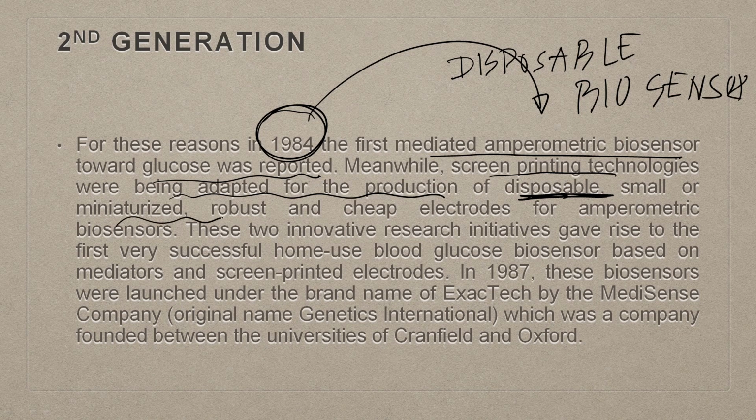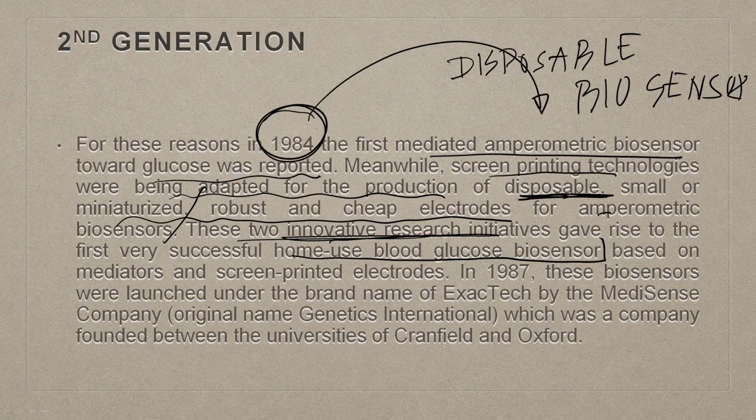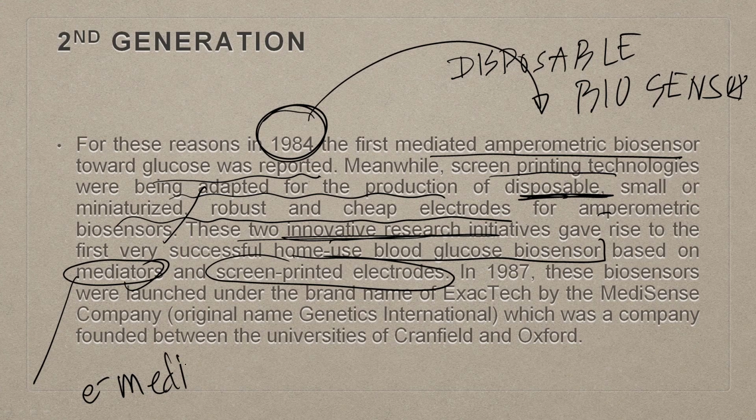Small or miniaturized, robust and cheap electrodes for amperometric biosensors. These two innovation research initiatives gave rise to the first very successful home use blood glucose biosensor based on mediators and screen printed electrodes. We are talking about electron mediators and screen printed electrodes.